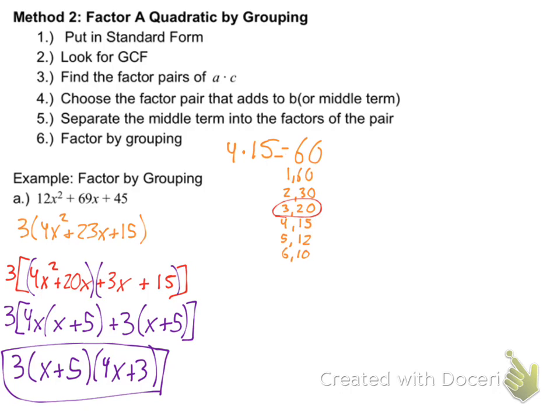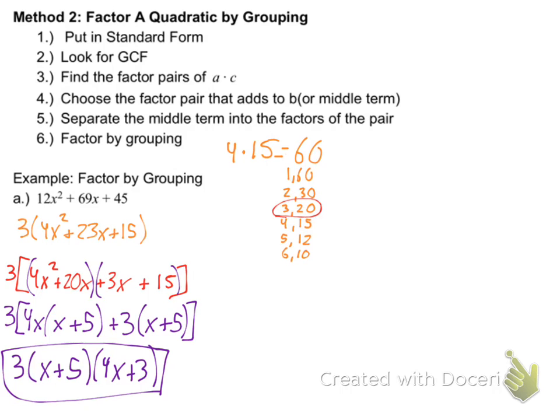If the 3 wasn't out front, some people might have 3x plus 15 times 4x plus 3. Or they put the 3 in the second group, so it's x plus 5, but times 12x plus 9. The 3 cannot go in both. It can go in one of them or the other. But if I wanted to factor it, it means to take all pieces to their smallest, not keep things together.